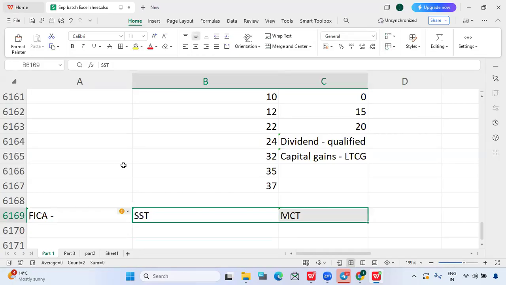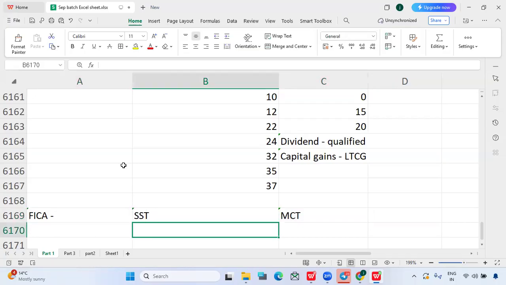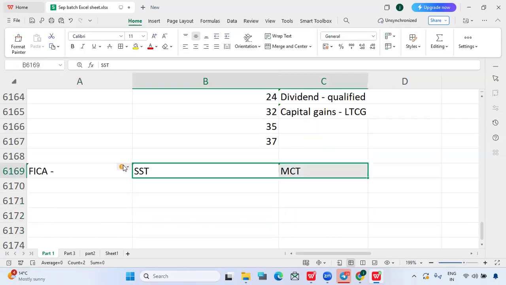The calculation of FICA taxes is very, very important because the IRS loves to test on these areas, so make sure to remember all the limits. Like in India we have provident fund, where the employer contributes half and the employee contributes half. Similarly here, if the person is an employee, the employer will contribute half and the employee will contribute half.